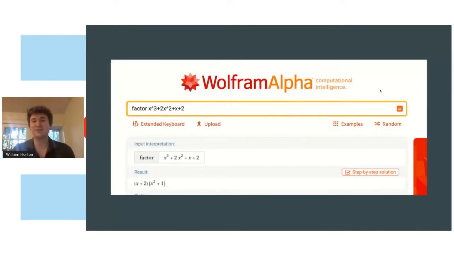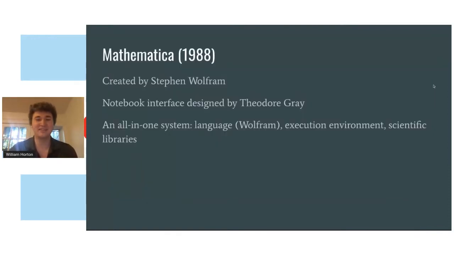So this goes back to this guy. And who's this guy? People might know him as the guy who helped you with your math homework through the Wolfram Alpha interface. So this is Stephen Wolfram. And the story that's going to lead us eventually to the Jupyter Notebook starts with Stephen Wolfram and Mathematica, which came out in 1988.